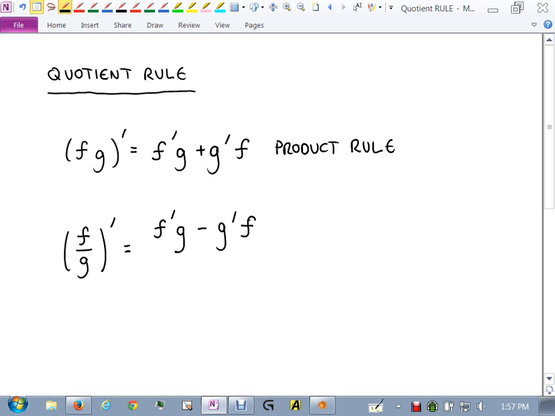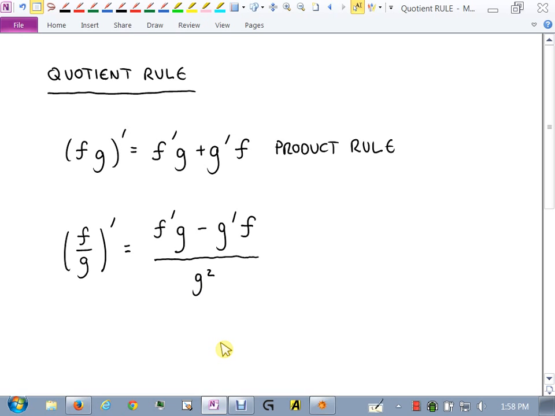That looks familiar? That's the product rule, except subtraction instead of addition, with one other thing. All over g squared. No derivative, just whatever the function g was, squared. That is your quotient rule.